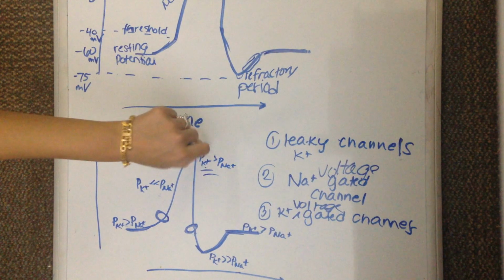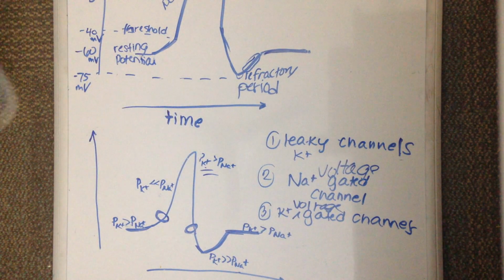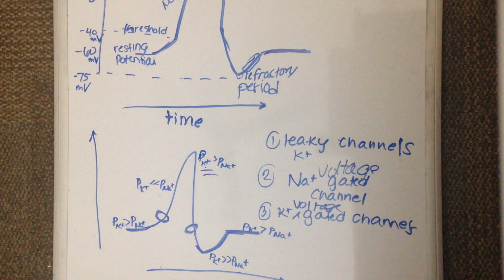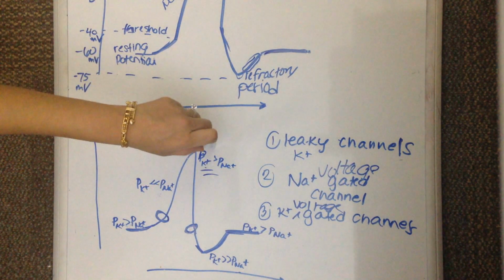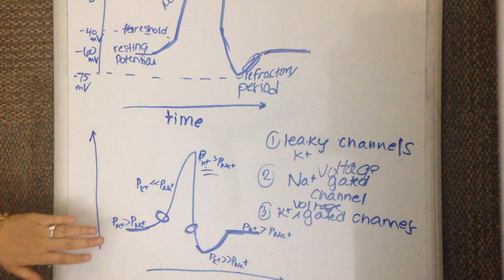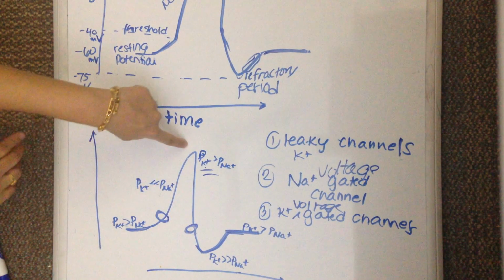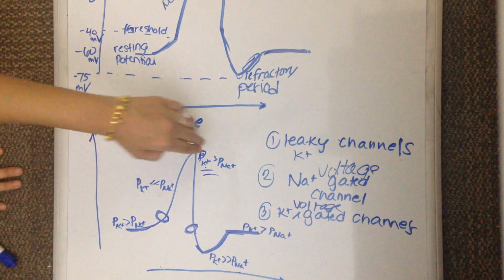So you have a huge increase in permeability to potassium. That's why the cell approaches the Nernst potential of sodium, which is around 30, and then it goes back down.